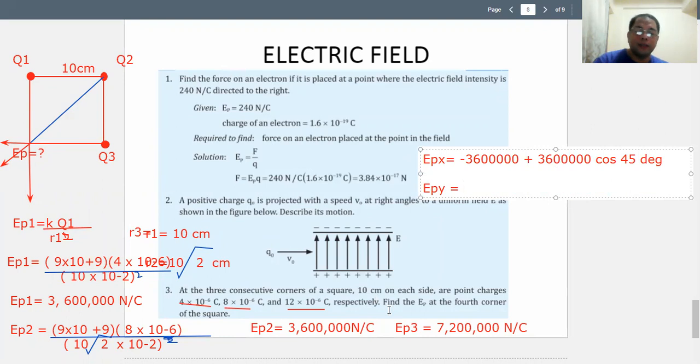So our EP3 is negative 7,200,000. We make it negative because this is pointing downward. Then this one should also be negative. So they are all negative because they are either pointing left or down.